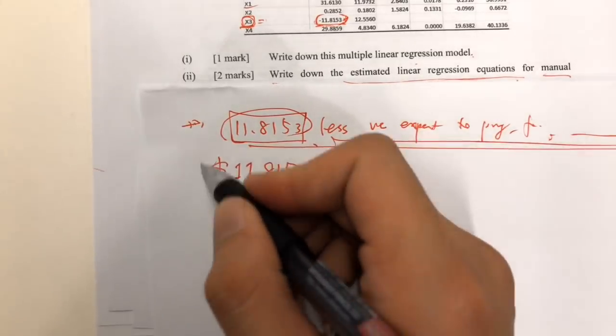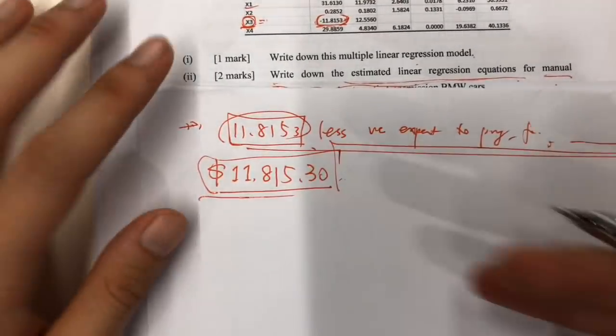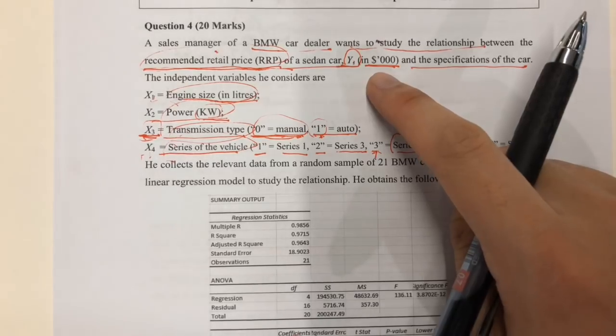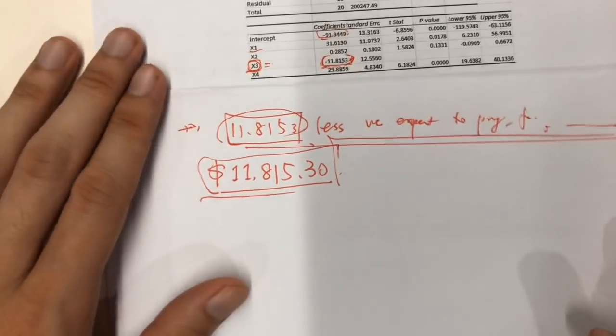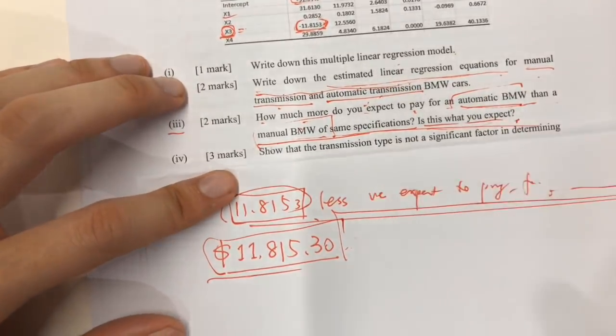So we need to pay attention to the units of the whole scenario, okay? So the units of RRP, this retail price, is in thousands of dollars, so you need to pay attention to that.